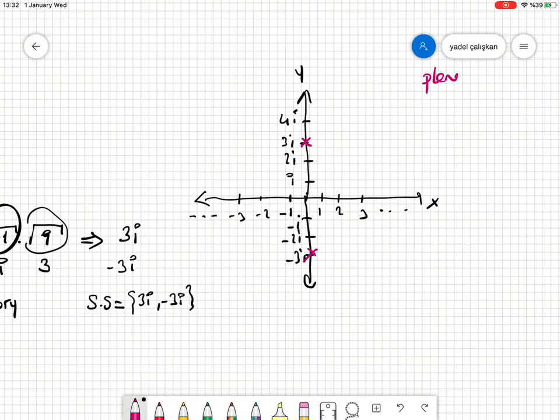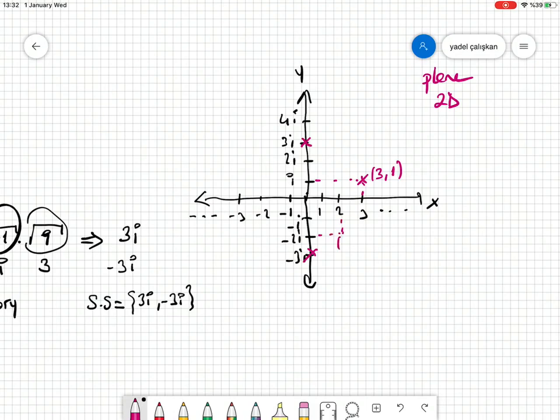This is a plane, a two-dimensional kind of place. And if we talk a bit more, for example, this point (3, 1) is an ordered pair.